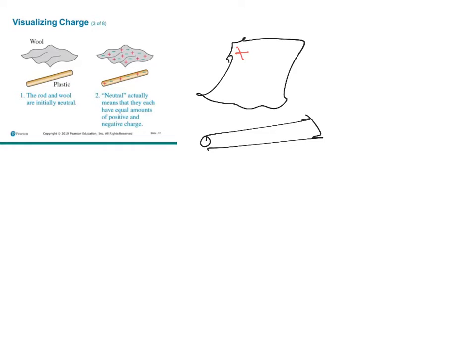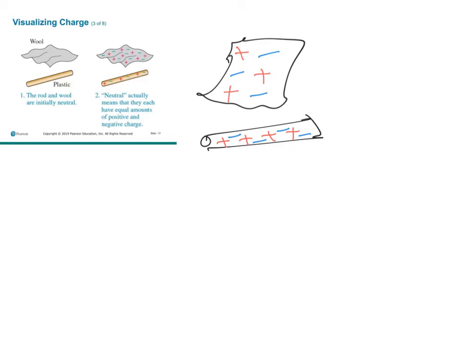So if I put 3 positives in the wool and 4 positives in the rod, I also have to go back and balance this out with negatives. So 3 negatives in the wool and 4 negatives in the rod. Now these numbers are arbitrary, chosen by me for no apparent reason other than that's what looked like would fit inside of my drawing.